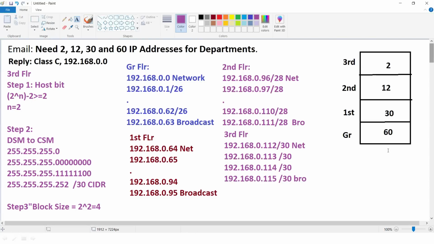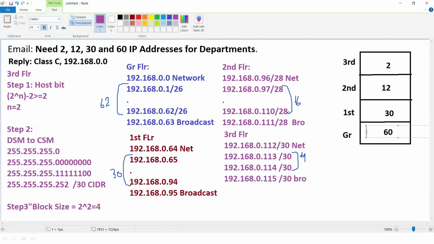If I talk about the total IP address allotment, how many IP addresses have we allotted? 62 IP addresses here, 30 IP addresses here, 16 IP addresses here, and in the last case only 4 IP addresses. In this, 2 IP addresses are reserved for the network and broadcast.